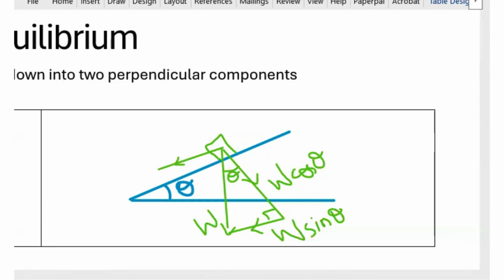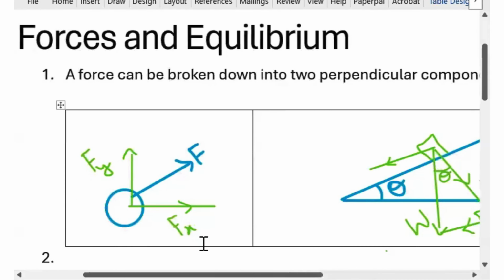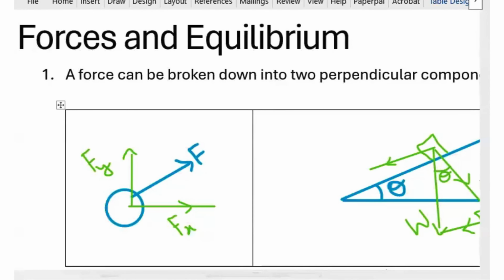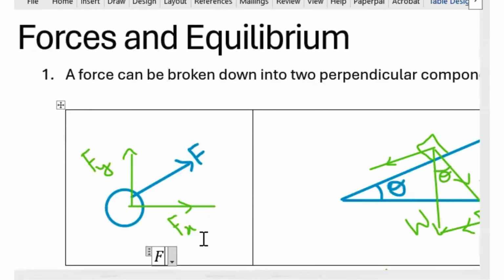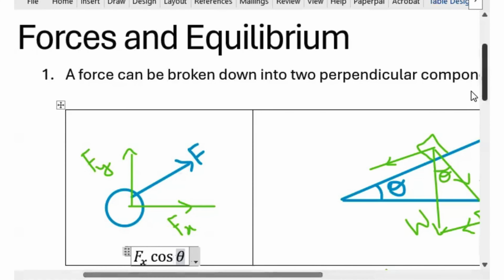And if you want to make the resultant from the two components, you can always use Pythagoras theorem, Fx square plus Fy square. So if I'm generalizing this, any force or any vector in that reference can be broken down. Horizontal, or generally one of them, is Fx equals F cos theta.